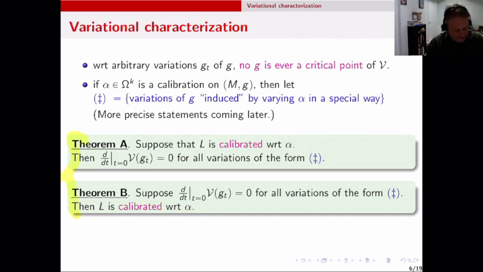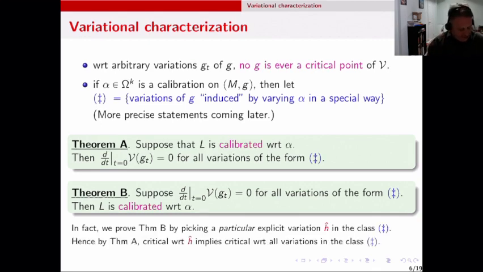But I want to state them separately, especially because when we get to the spin 7 case, the story will be a little more complicated. But the other reason I wanted to state them separately is because, in fact, the way we prove theorem B is by picking a particular explicit member of this class of variations. Right?